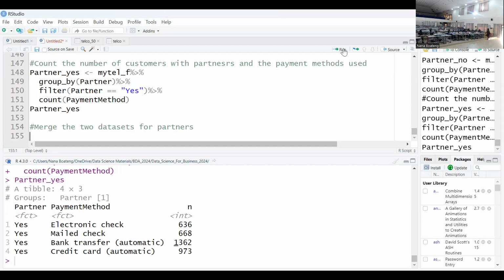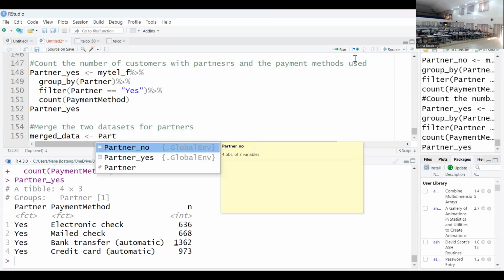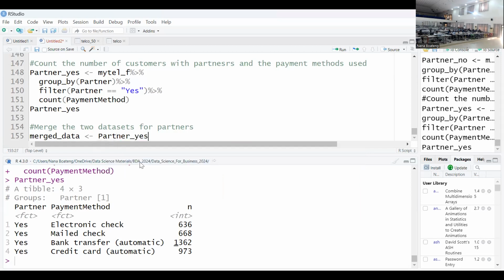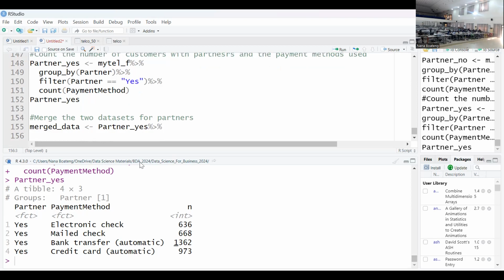So let's call this merge data. So we want to take partner yes. All right. Partner yes. Let's pipe that. Okay. Now we are piping this into a function known as full join.